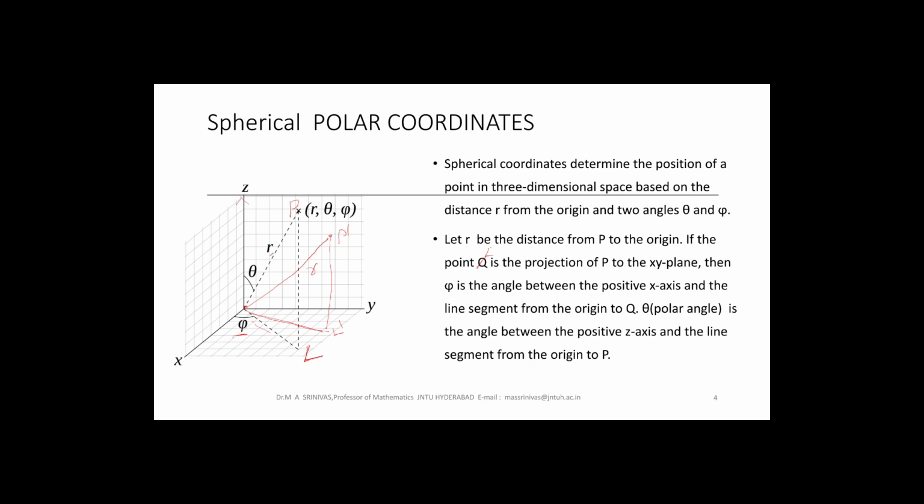This is the standard, internationally followed notation. The middle one, theta, will always be the angle made by OP with the z-axis, and the last one is the angle made by the projection of OP on the xy plane, that is OL, with the x-axis.